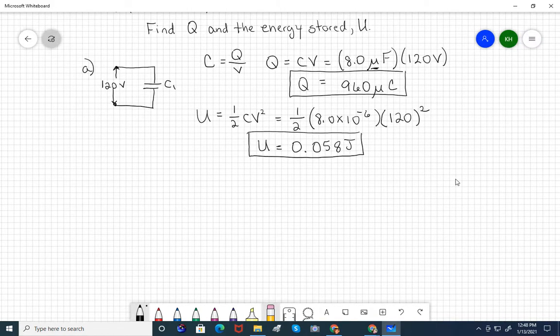For the second part of this problem, it says, without any loss of charge, V0 is removed. Remember, that's this 120 volt supply here.